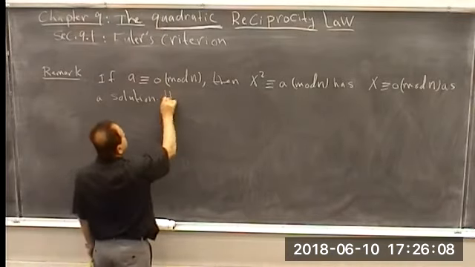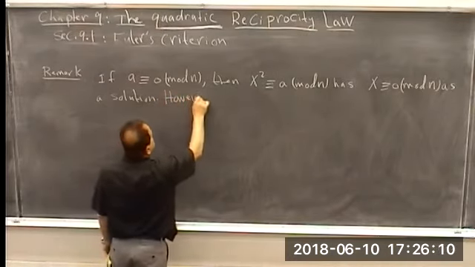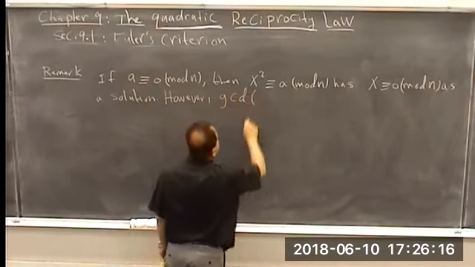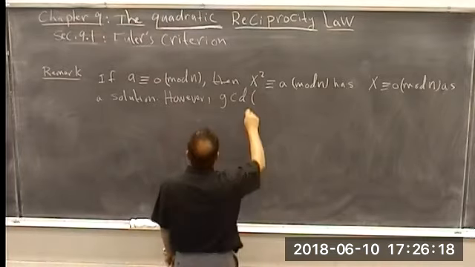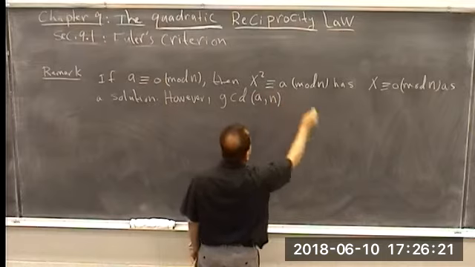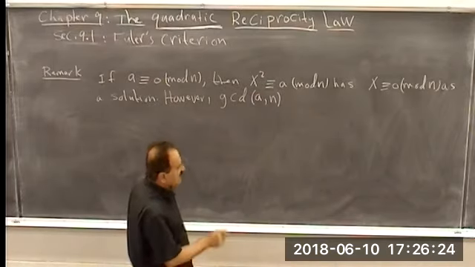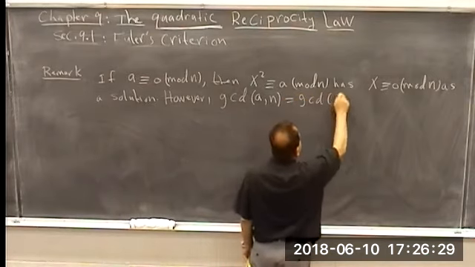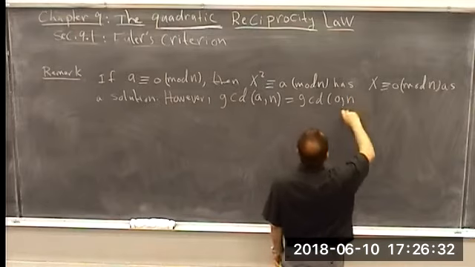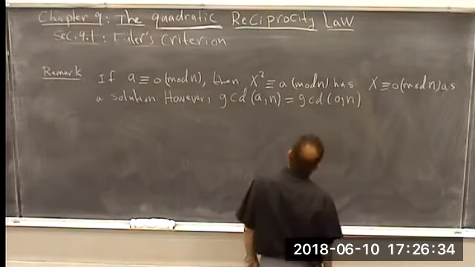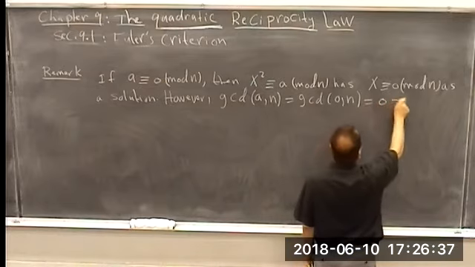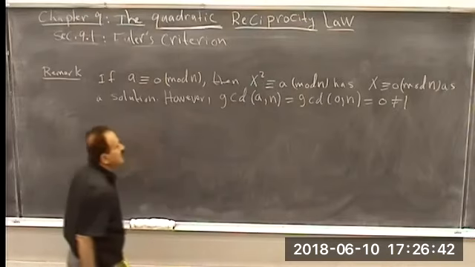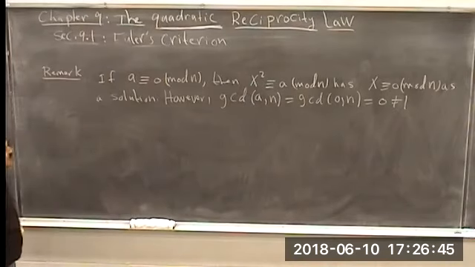However, the greatest common divisor of a and n, remember n is a positive integer, becomes the greatest common divisor of 0 and n, and this is equal to n, not equal to 1. So in other words, 0 is not relatively prime to any positive integer n.